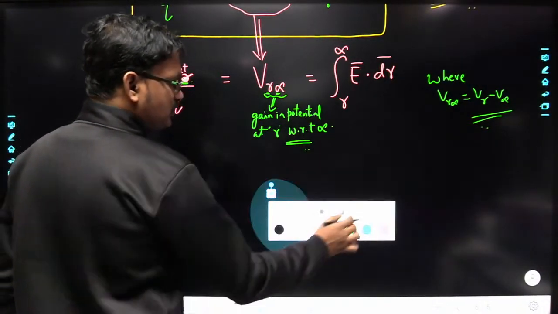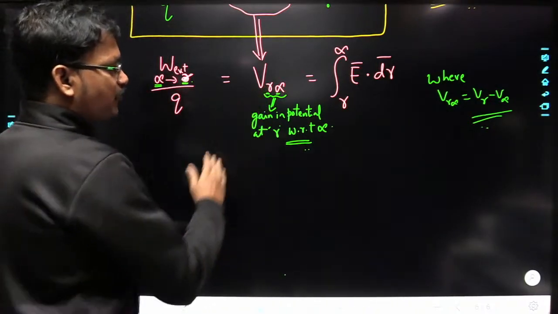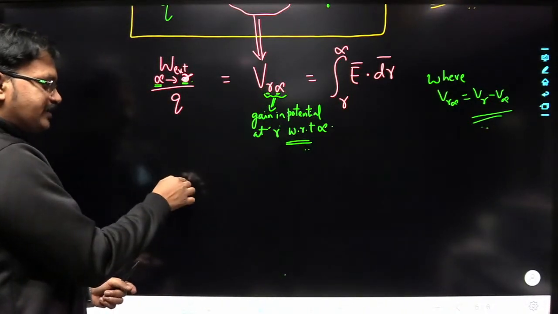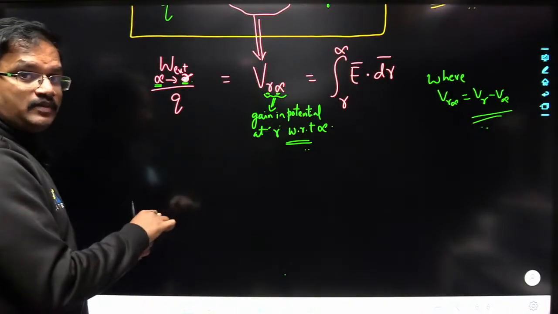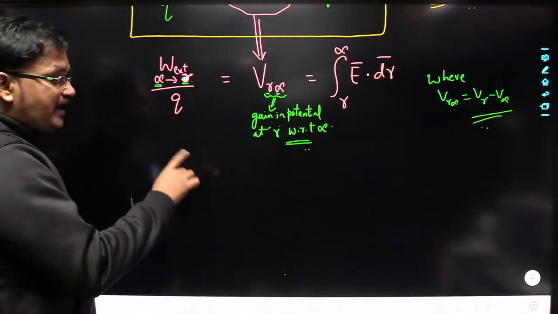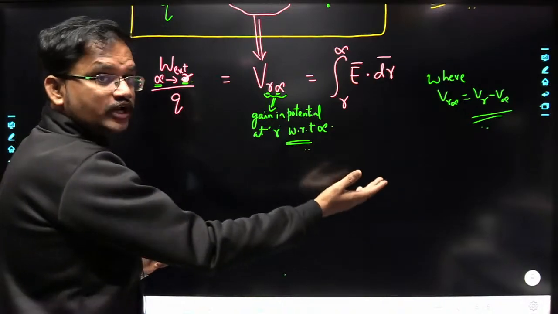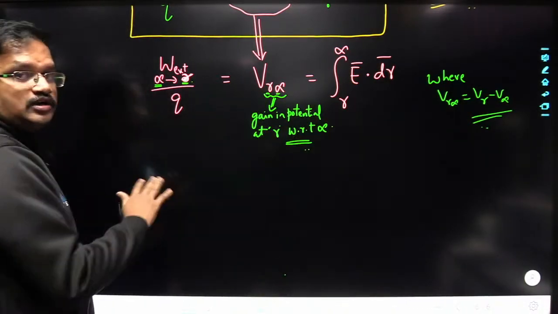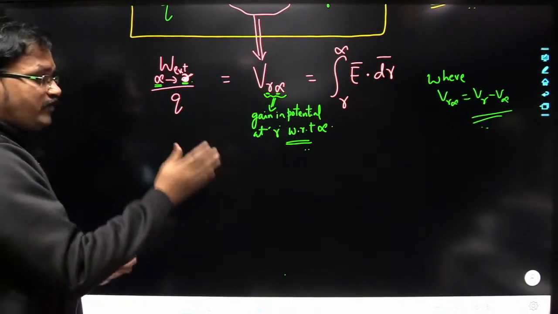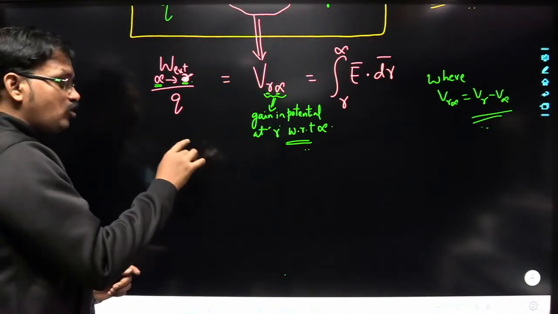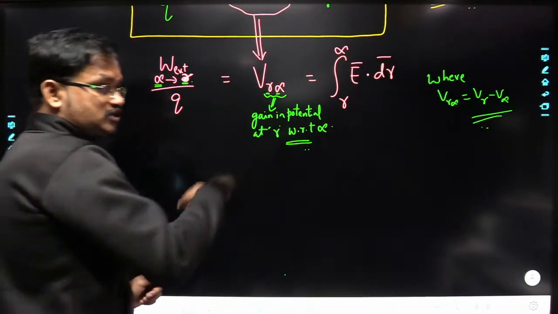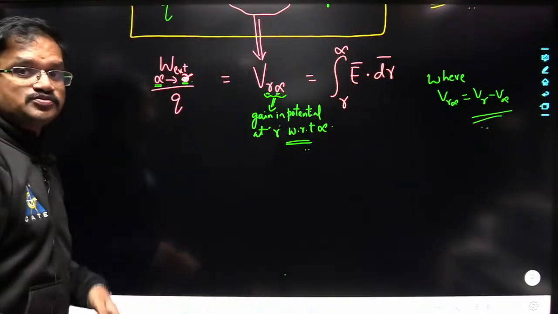So if I say the potential at some point is something, what do you mean by that? You have gained that potential by moving the unit positive charge from infinity to that point. So you are measuring the potential at any point with respect to some other reference point.